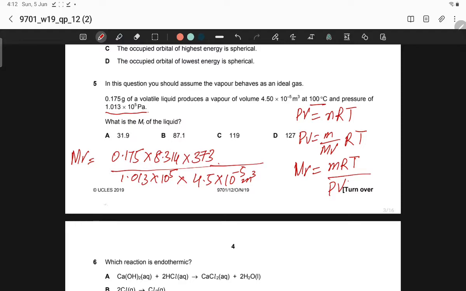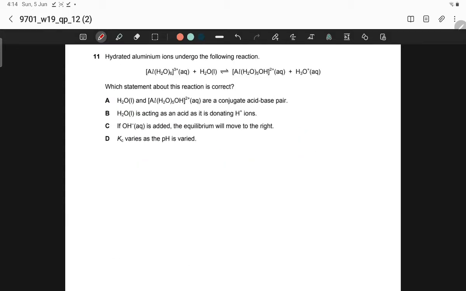So this is equal to 119 gram mole inverse. So C option is correct.